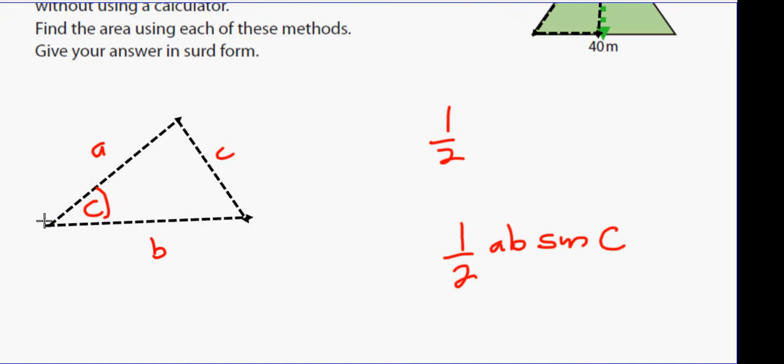That will always work. You got it? A half any two lengths and the angle in between.